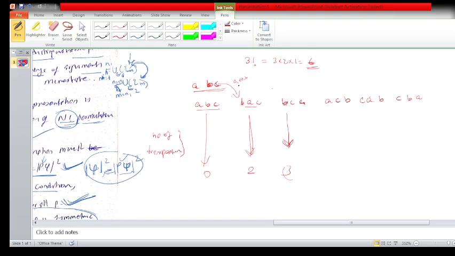So interchange. A to B means we'll be getting BAC, right? It will directly give you BAC. So only one transposition is enough here.